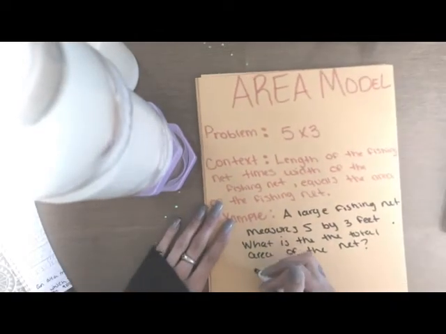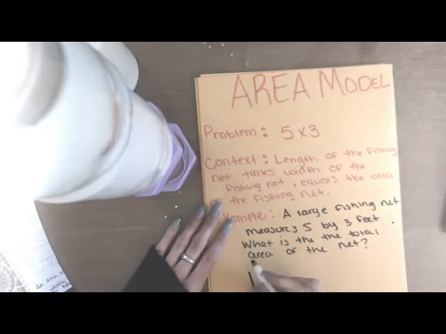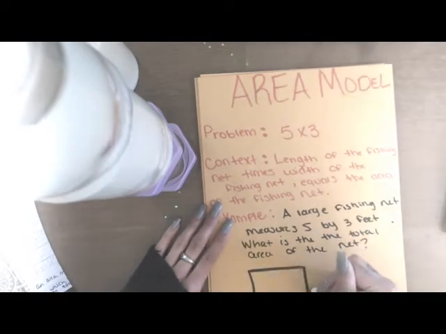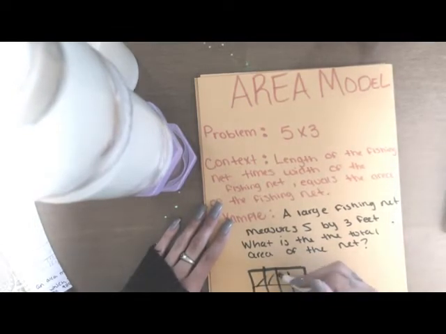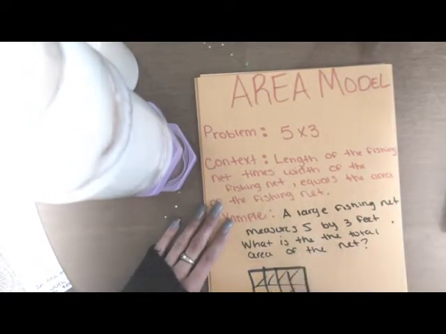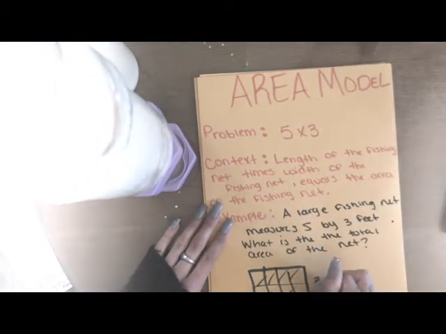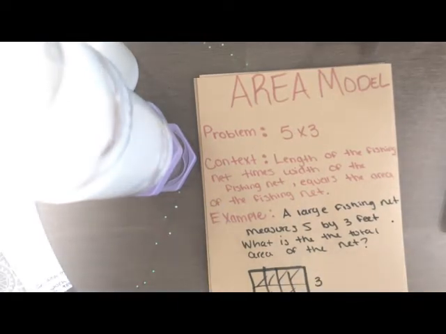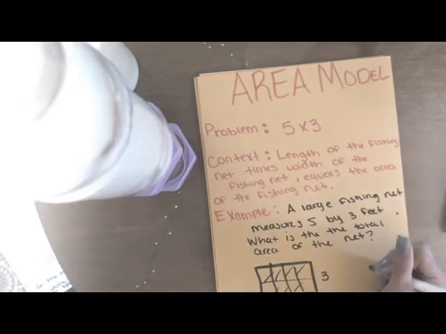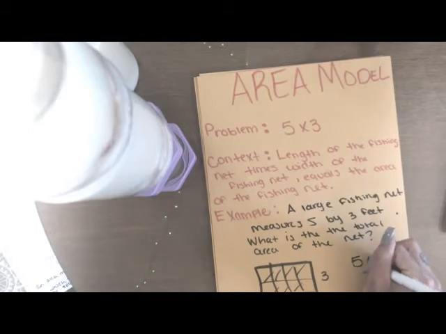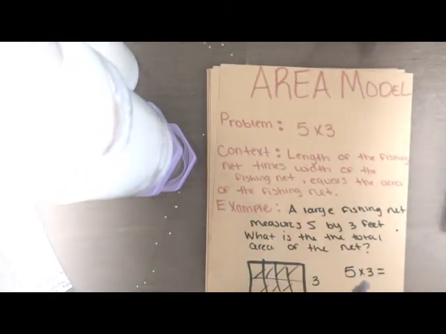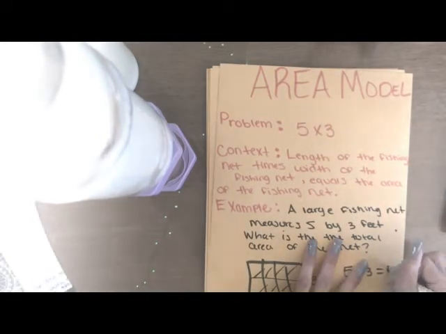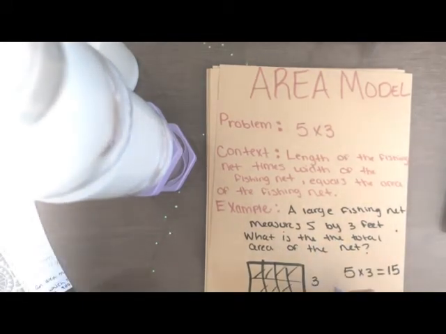So, I would have my students draw a picture of the fishing net. It doesn't have to be perfect. And it would be 5 by 3, the length times the width. So we would do 5 times 3: 5, 10, 15, for a total of 15 feet.